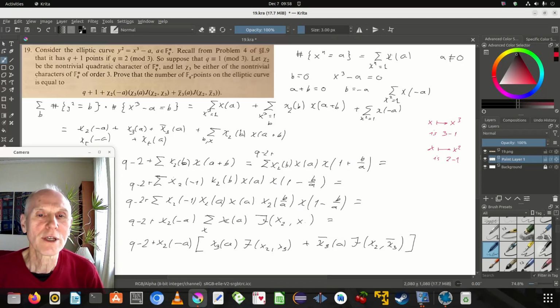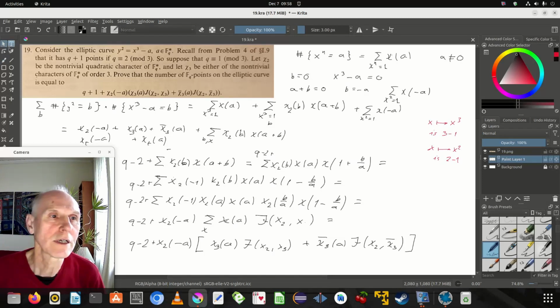then that actually gives naught at B, and that means that we fail to add chi of A. So that means when we disregard the trivial character down here, we have to subtract the values we get from chi 3 of A and chi 3 bar of A. So these two guys cancel.